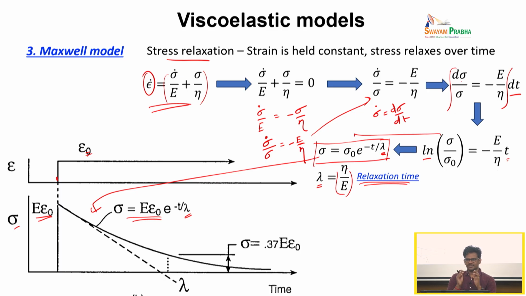We are talking about two kinds of experiment. One is this creep test: apply a constant load, and wait for the deformation to evolve as a function of time. The other one is called stress relaxation: you impose a strain and look at how the material's stress evolves with time. Both are very important.